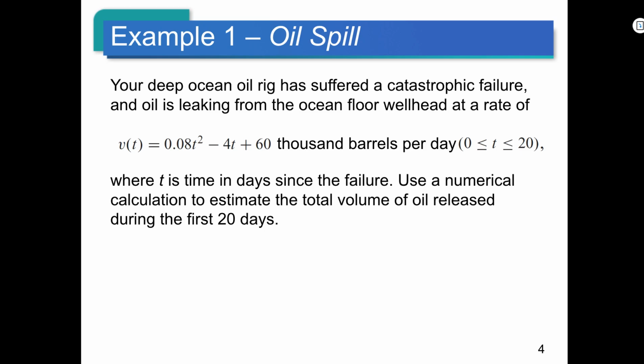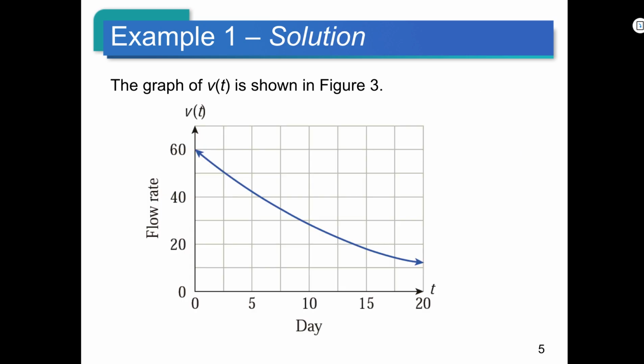But what we want to see is what was the total oil that fell into the sea over those 20 days. So the first thing we could do, assuming that this equation works, is graph the equation.